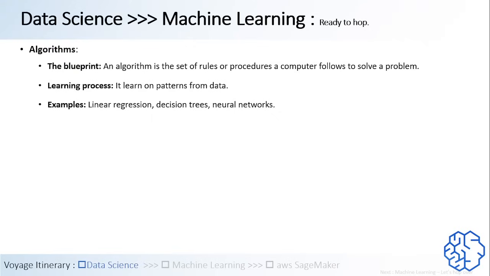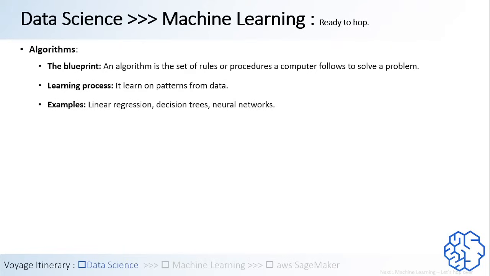And there are different types of algorithms in the machine learning world. Linear regression is something we use when we are trying to predict a numerical value like a salary, right? And then there are other algorithms like decision tree and neural network. I don't want to bombard you with these big words.